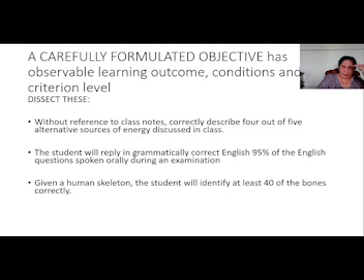Correctly describe. That's a qualitative description of what you are asking the students to be able to perform. How many? 4 out of 5 alternative sources of energy discussed in class.